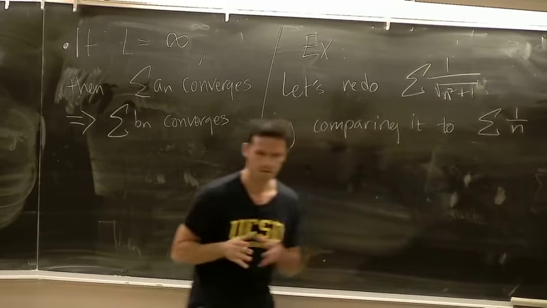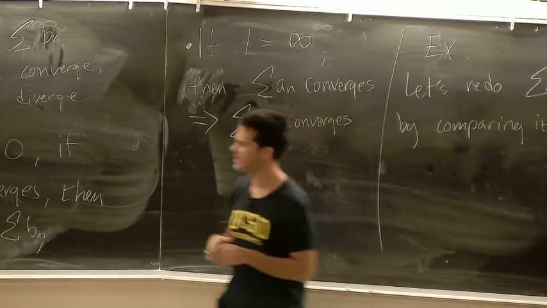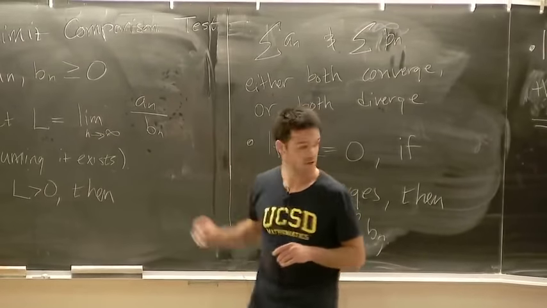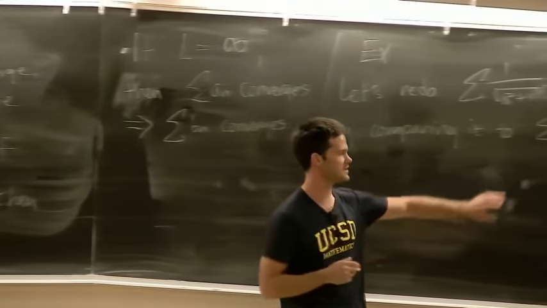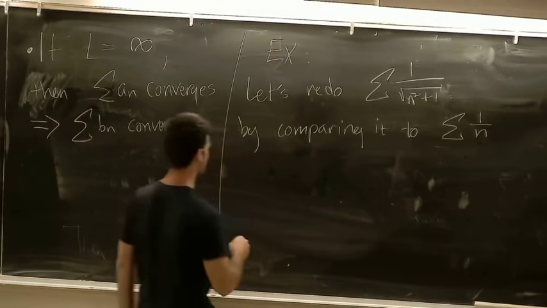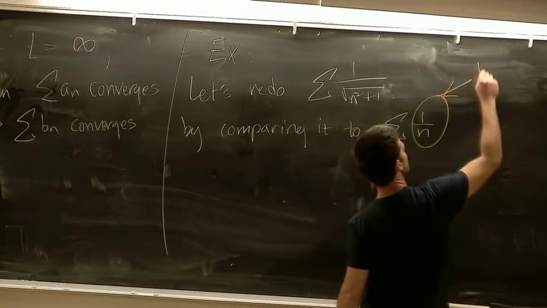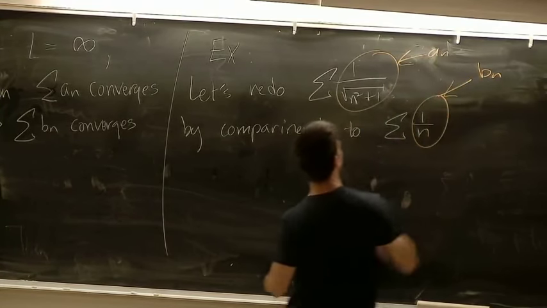Okay, so what the limit comparison test says you're supposed to do is take the ratio of the term with the sequence you're comparing it to, which in this case is 1 over n. So we're going to take the ratio here. You can think of this as your BN, and this as your AN.